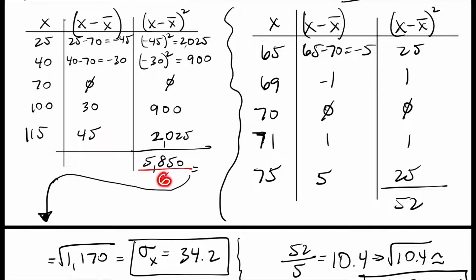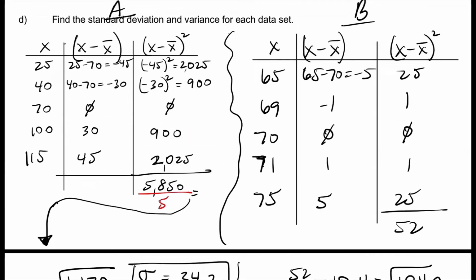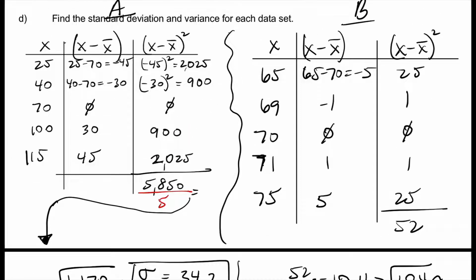This number right here would become 6. What happens to this number if this number becomes 6? The total would be lower, which means the standard deviation would go down. Good, 70 works. What's another example? 0 would actually make it go up. If I added 0 to the list, it would make it go up.